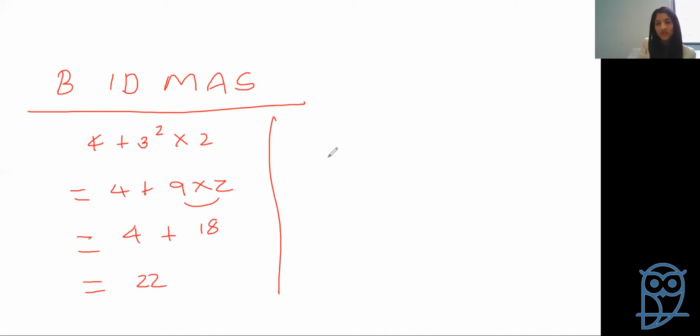Now, let's do another one. Let's say 3, open brackets, 4 to the power 3 minus 7 to the power 2. The brackets in this instance would have to be worked out first, even before the index. So, how do we do that then? What are we going to say? We're going to say 3 multiplied by 4.